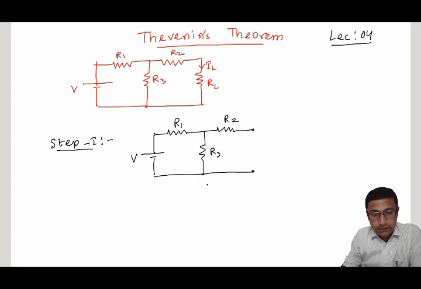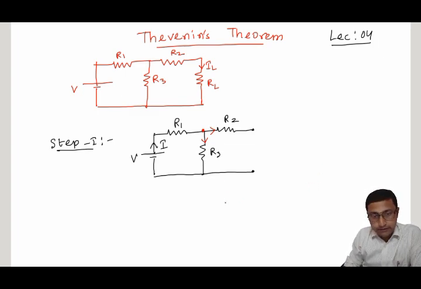Now the supply current I flows from the supply voltage V through R1, and at this point it will divide, one part flowing through R2 and another through R3. As this terminal is open circuit, no current will flow through R2, which means there is no voltage drop across R2.